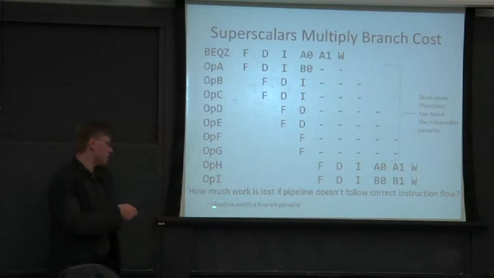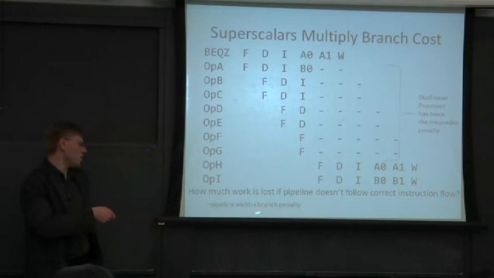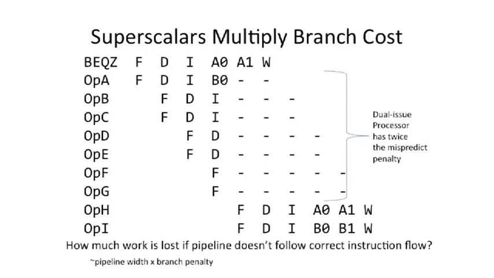What this really comes down to is that approximately how much stuff you end up getting killed is the pipeline width multiplied by the branch penalty. So it's width times length before you can resolve the branch. If you can shorten the time it takes to resolve the branch, that's good.